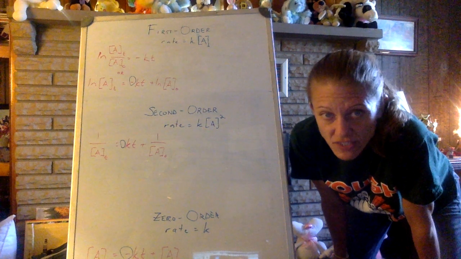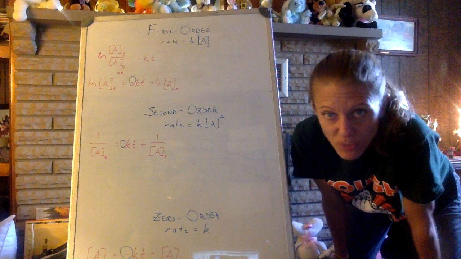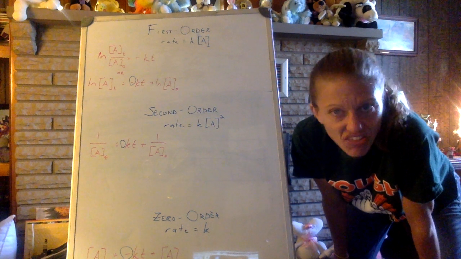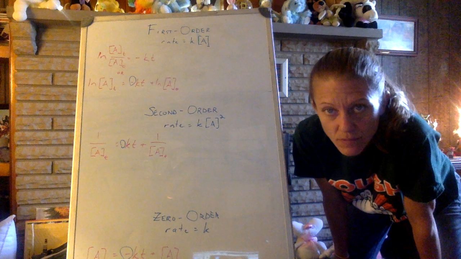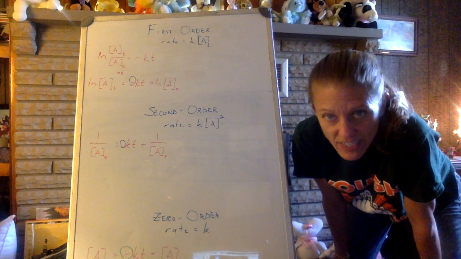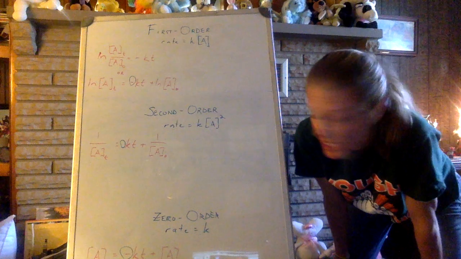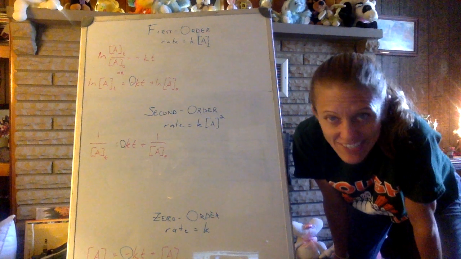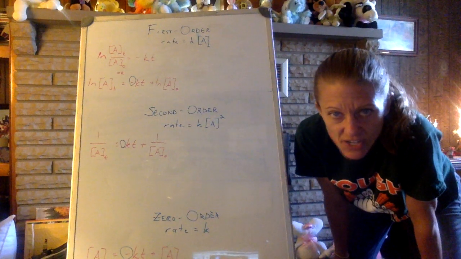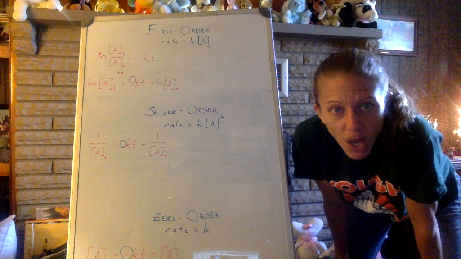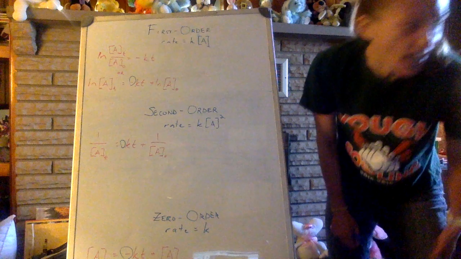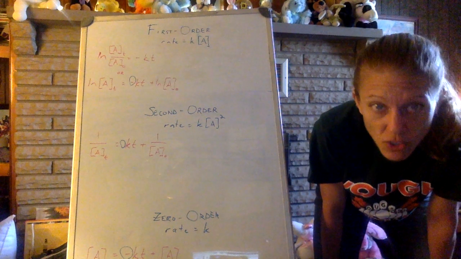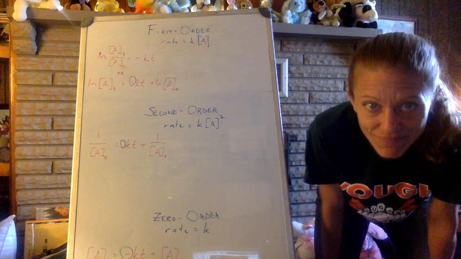For these graphs, if you will look, we always put time on the x-axis. We put the A thing, the concentration thing, on the y-axis. We say that as concentration versus time. For a 0th order reaction, we've got concentration of A and time. So we're looking at the concentration with time.